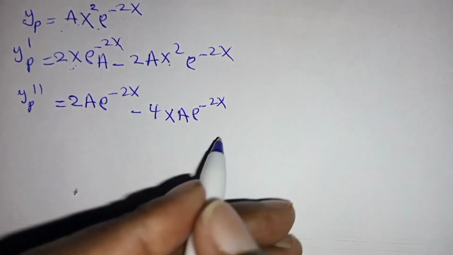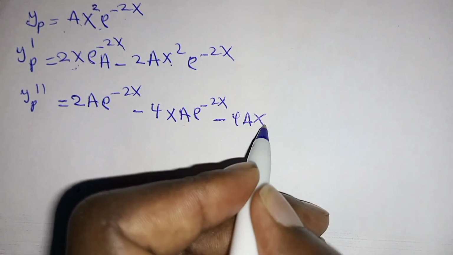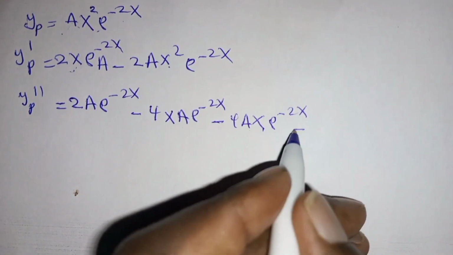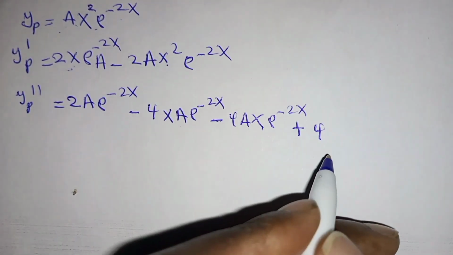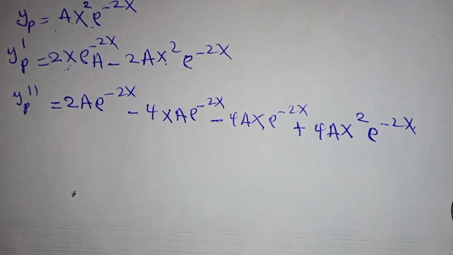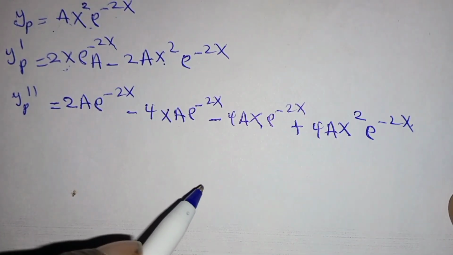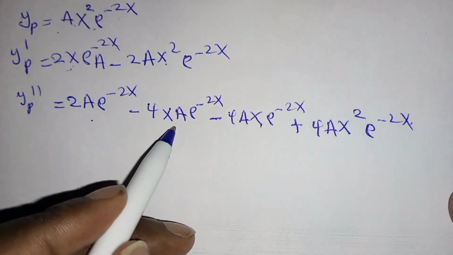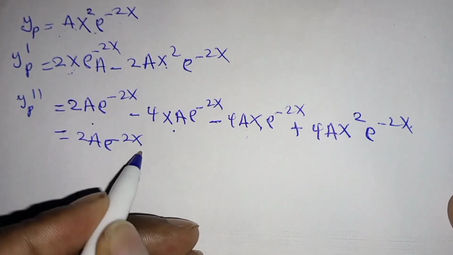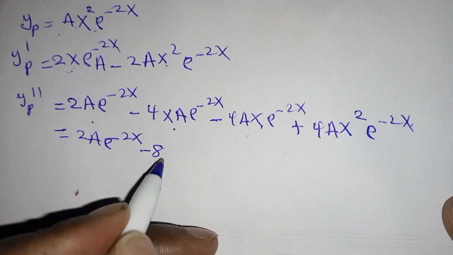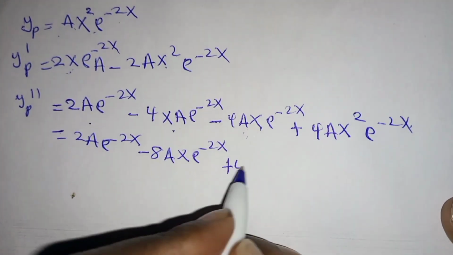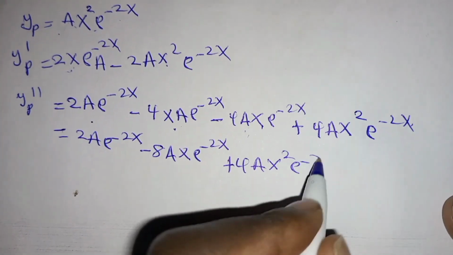Then differentiating the second term, you get negative 4ax exponential negative 2x, plus, because of this negative, 4ax squared exponential negative 2x. Here you can see whether there are like terms. You have this and this. So this reduces to 2a exponential negative 2x minus 8ax exponential negative 2x plus 4ax squared exponential negative 2x.